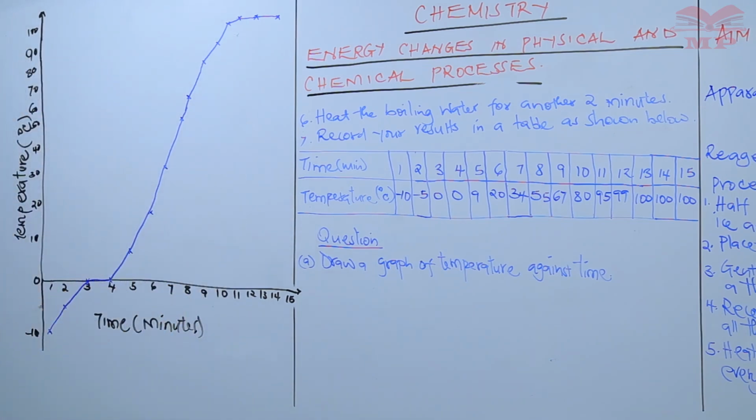So that is a kind of a graph that you expect to obtain when you do the experiment.